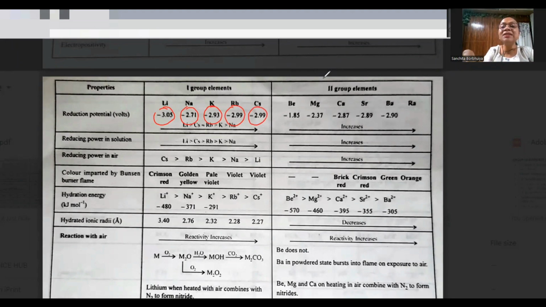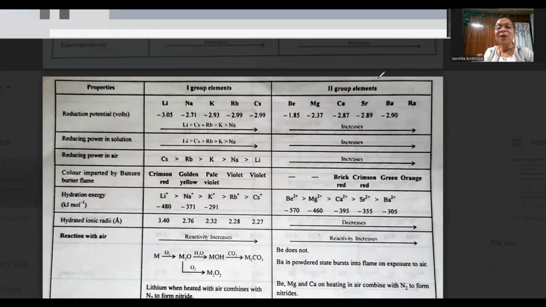So the reduction potential magnitude for lithium is the highest, then it is cesium, which is equal to rubidium, which is greater than potassium, and then sodium. So this is how it happens for the group 1 elements. You can have a look at it once, twice, and I know it will get recorded in your brain.